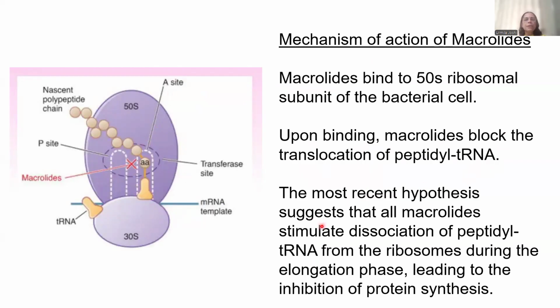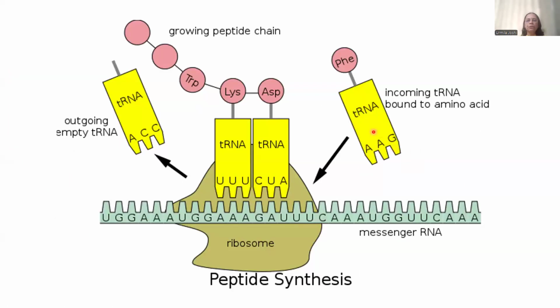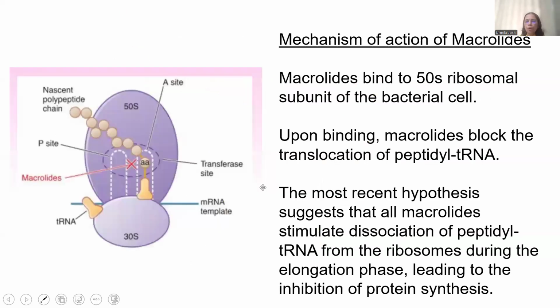But the most recent hypothesis suggests that all the macrolides stimulate dissociation of tRNA from the ribosomes during the elongation phase. Before the peptide chain starts growing, the tRNA is dissociated and therefore there is inhibition of protein synthesis.